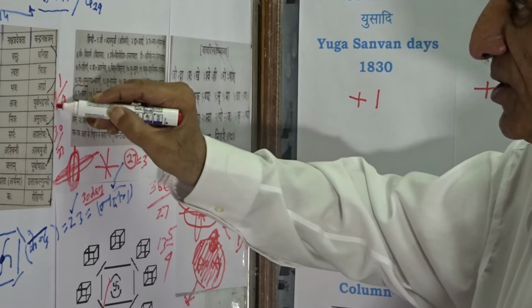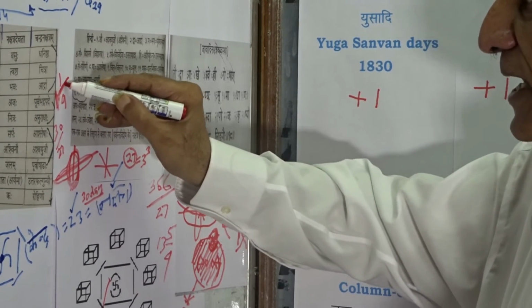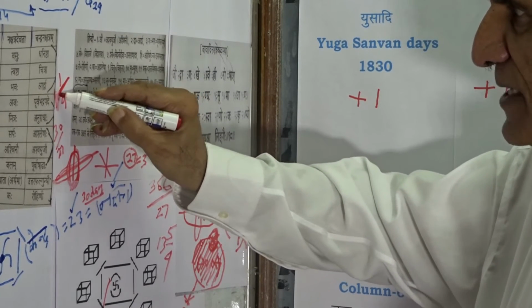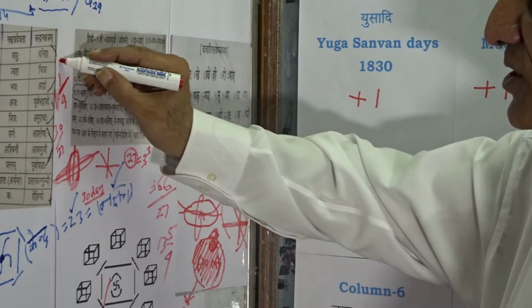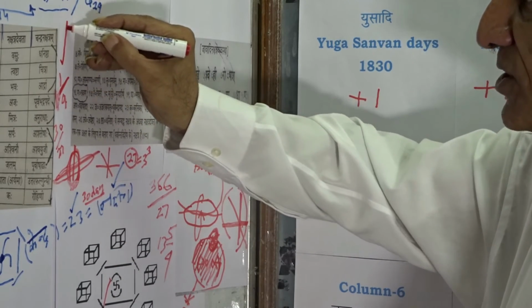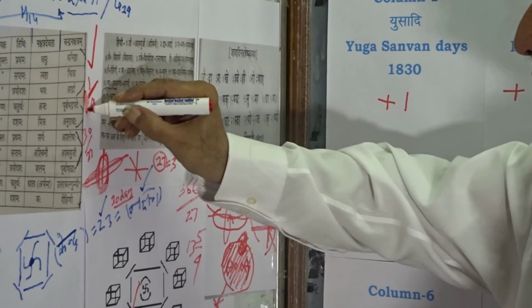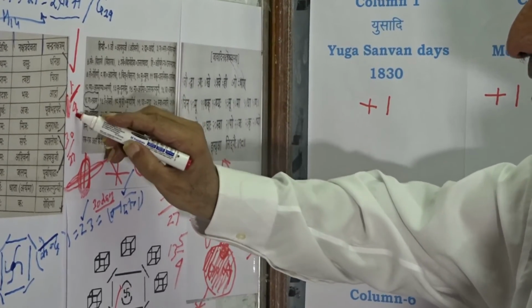Therefore, one Chandra nakshatra is having space swapping of 1 day plus 1 over 9th day. This is the Chandra nakshatra. Single Chandra nakshatra swapping of the space is equal to the space of 1 day plus 1 over 9th day.